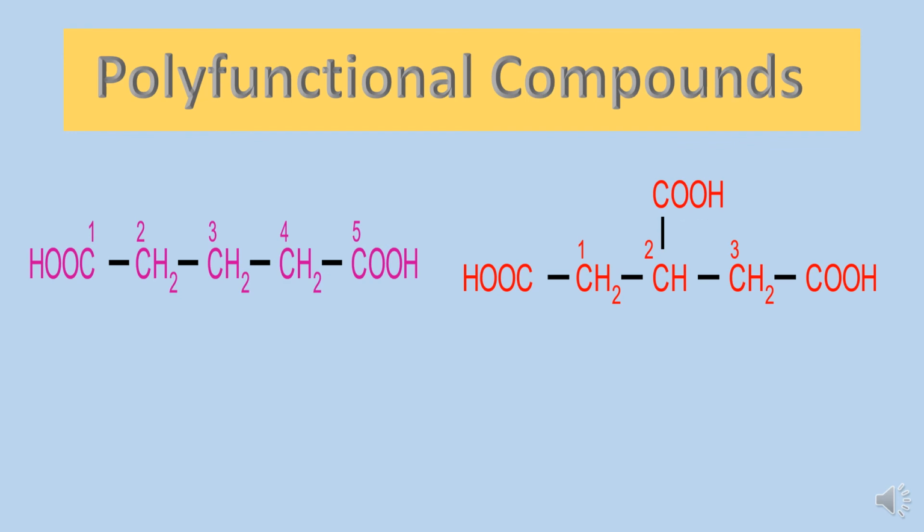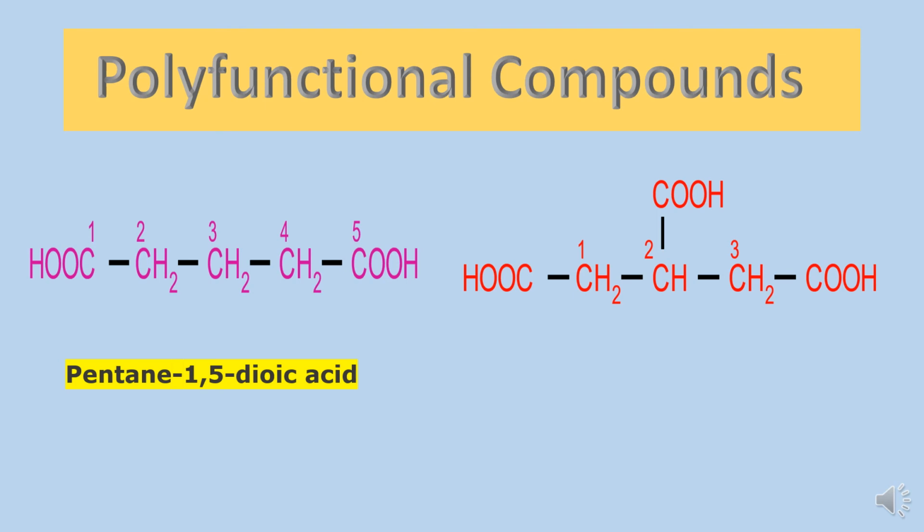Let us see an example. In the first example, as you can see, a carbon chain of 5 carbon atoms has 2 carboxylic groups at terminal ends. So here these 2 carboxylic groups are included in the parent chain, and the name of the compound will be pentane-1,5-dioic acid. This is a common example, but consider the second case where one COOH group which is present at the middle carbon atom cannot be included in the parent chain. Means if we select a chain from either side, we can include only 2 COOH groups, the third cannot be included.